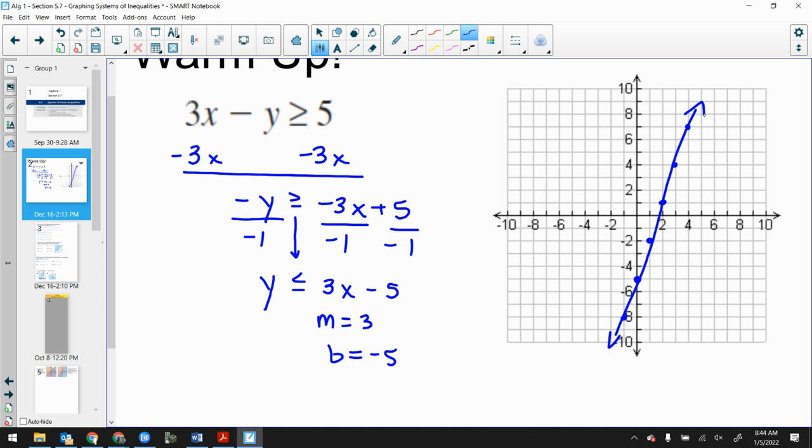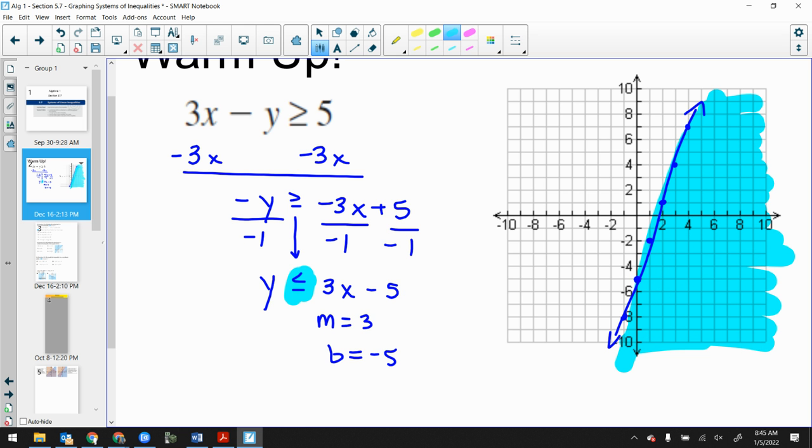Below. Be careful here. You look at this sign to tell you that you shade below, not the one at the top, the one down there, when it's solved for y, when it's fully solved to graph. Questions about that? Good there?